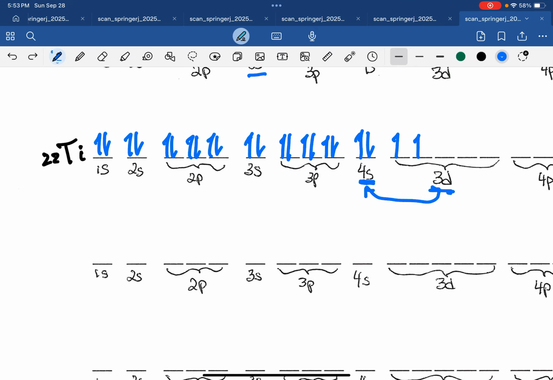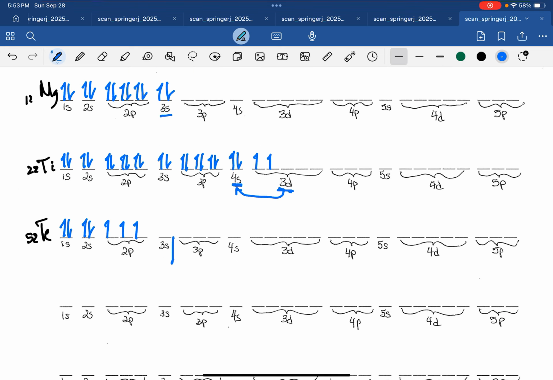I wanted that to be this color. 52, that's a lot. What happened?